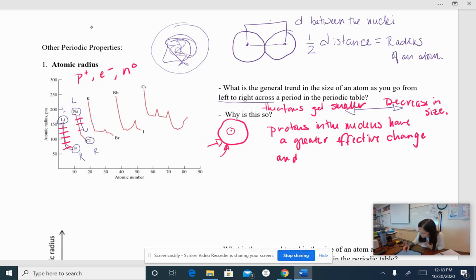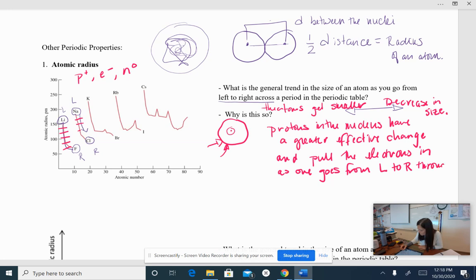And pull the electrons in as one goes from left to right through a period.